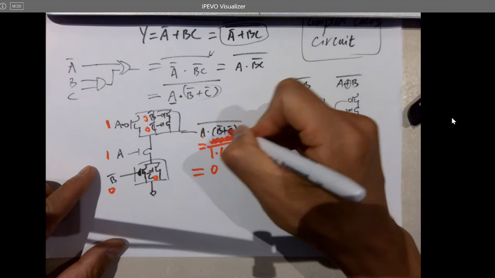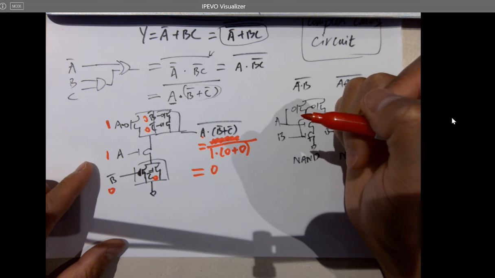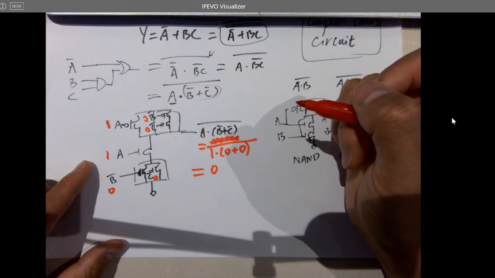I'm just treating B naught C naught as one entity. So what's wrong with this?